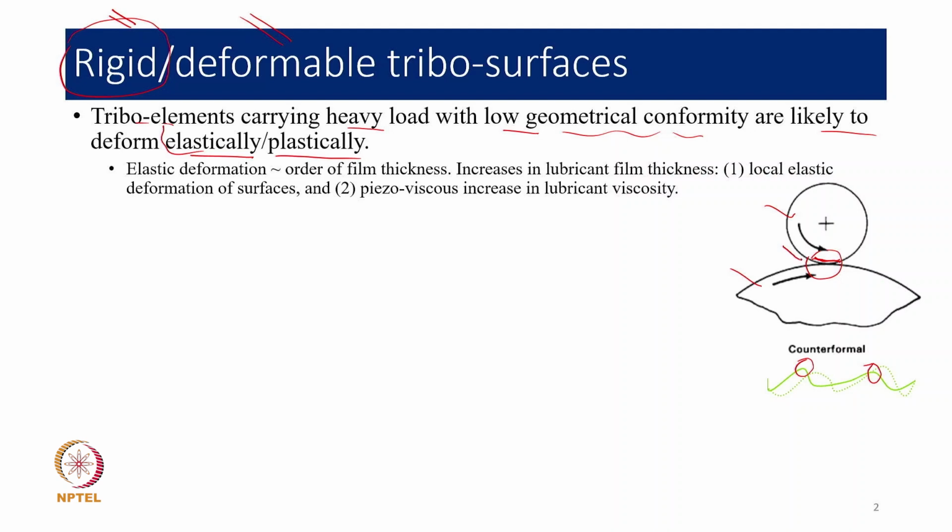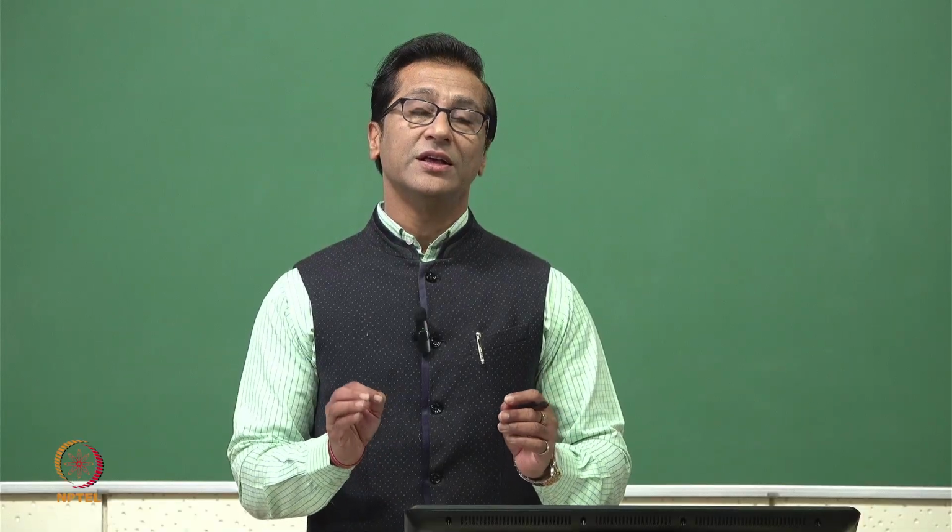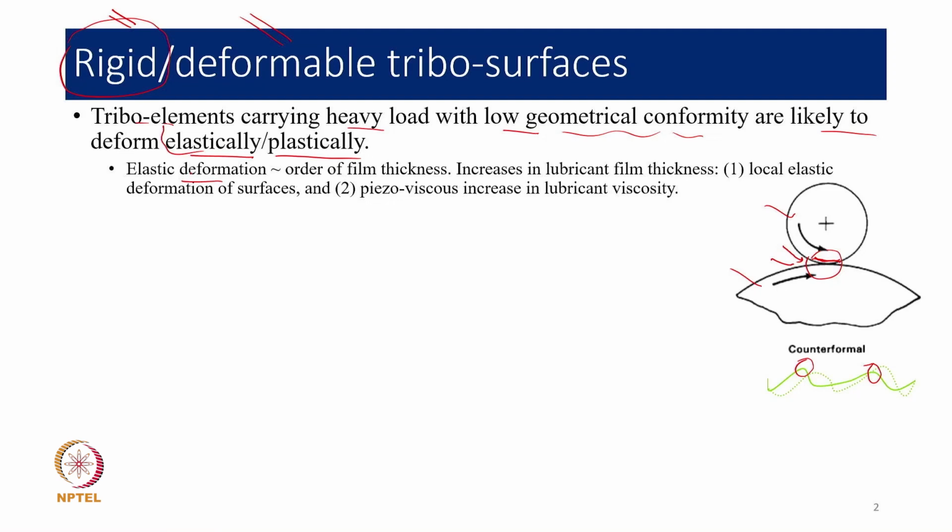Then lubricant will get into this space, and the effective film thickness will increase, and the tribological phenomena will be improved. That's why we say elastic deformation is generally of the order of the film thickness. It increases the lubricant film thickness. That's why it is very important.